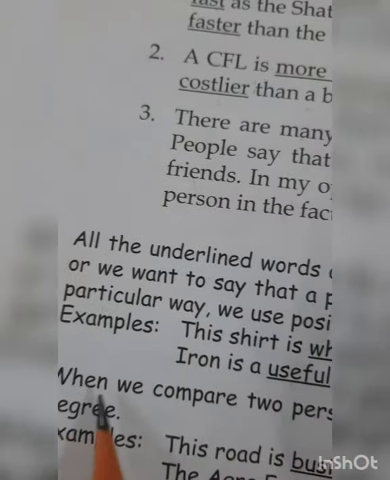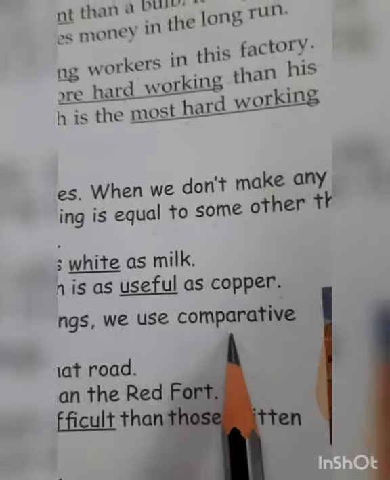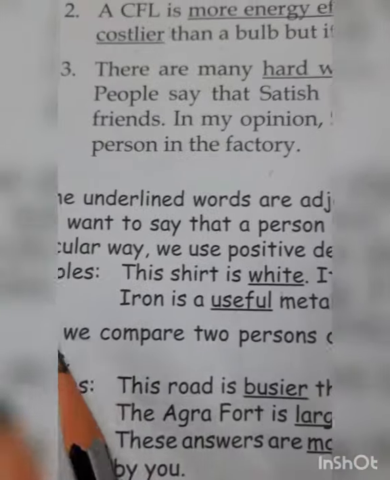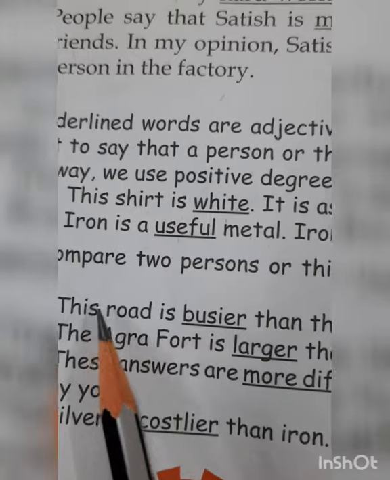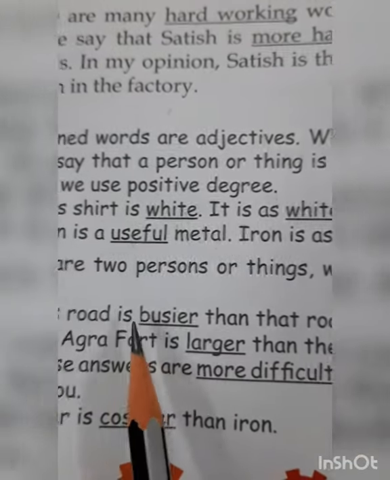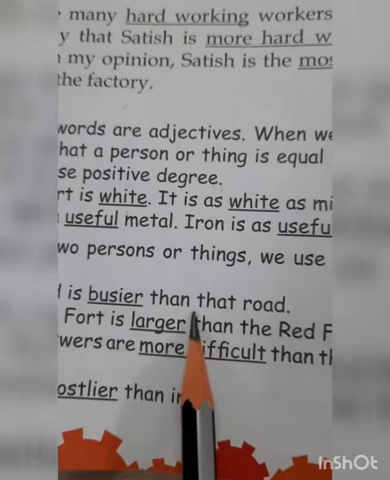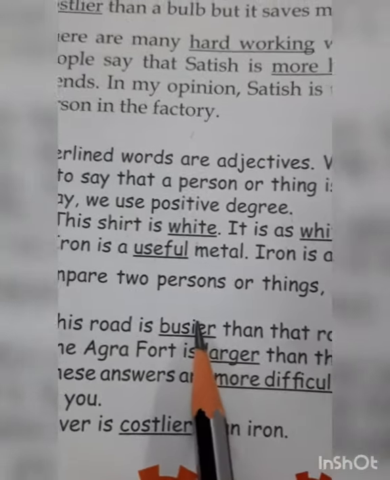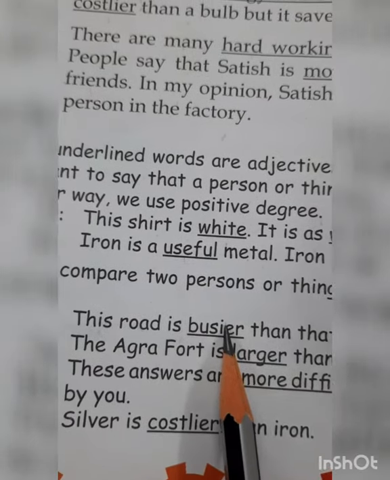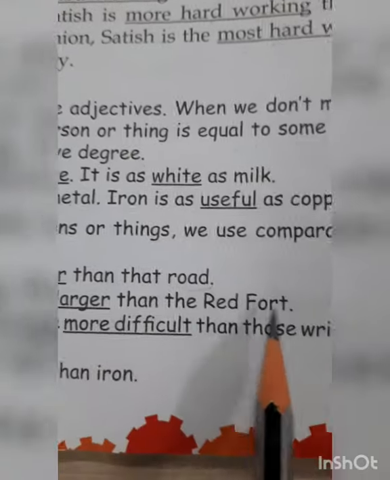Then beta, when we compare two persons or things, we use comparative degree. This road is busier than that road. Now, you are comparing two roads, this road and that road. So, you will use comparative degree. The Agra Fort is larger than the Red Fort.